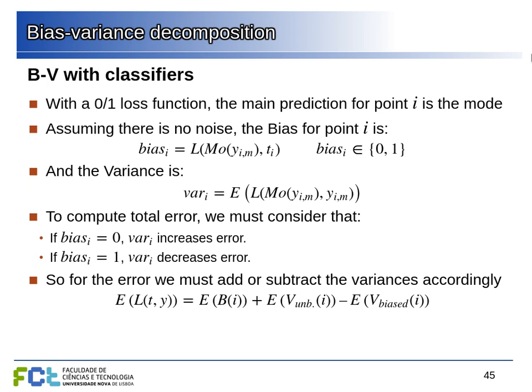But if most of them classify it in the wrong class, then the loss function is 1 there, because the majority vote does not correspond to the target. So this will be bias. Bias will be either 0 or 1, depending on whether the majority vote gets the class right or wrong. The variance will be the average, or the expected value, of the loss function for comparing the most common prediction to each of the predictions.